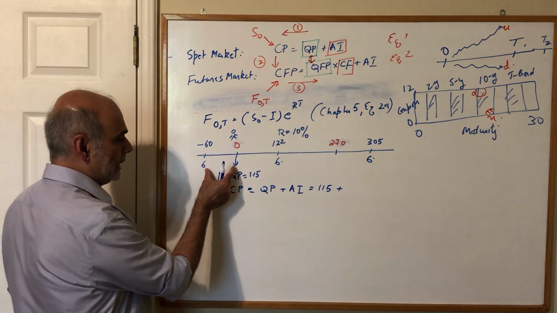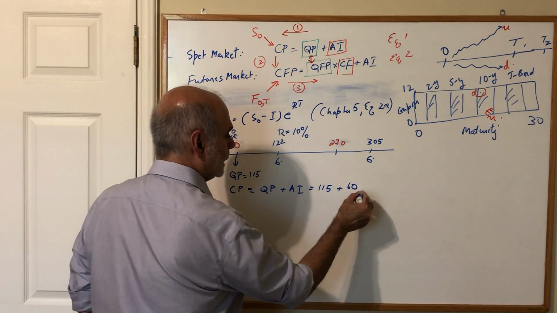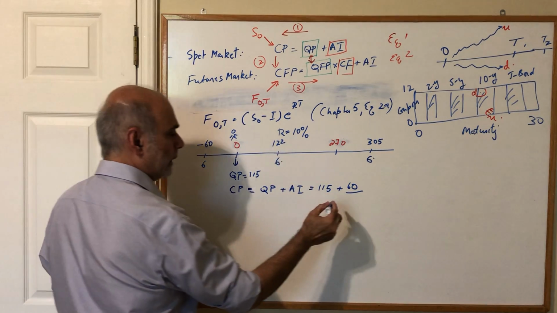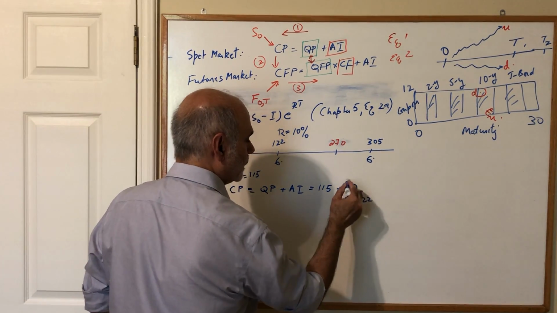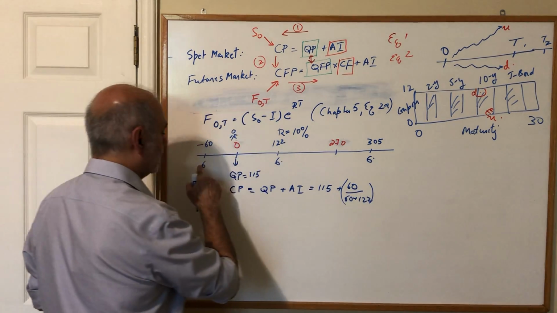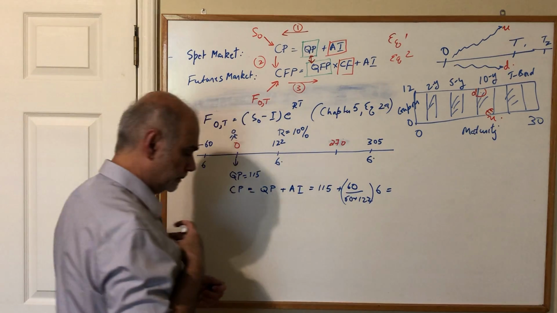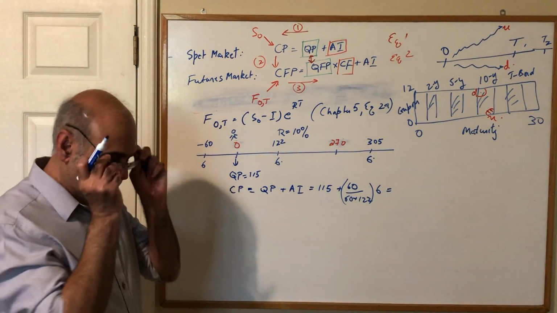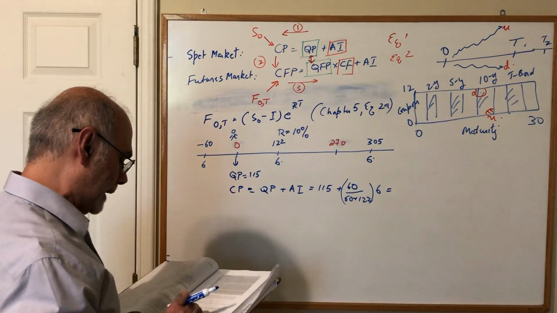The accrued interest is given by the number of days since the last payment, which is 60, divided by the number of days between payments, which is 60 plus 122, times the coupon, 6. If I look at what that value is, it's calculated in the textbook.